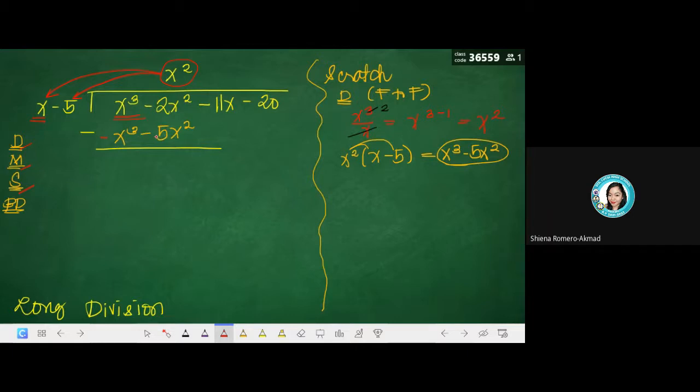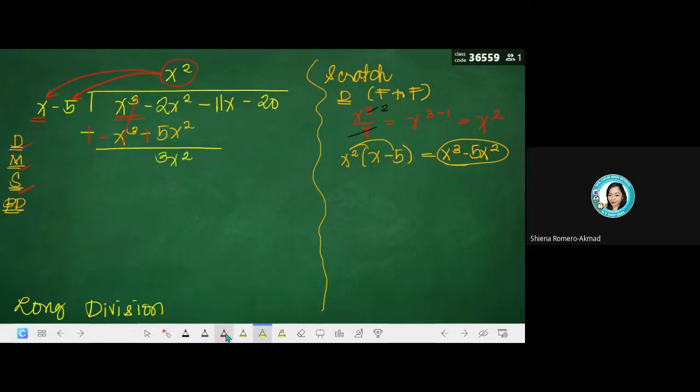And instead of negative 5x squared, magiging positive. Then we will proceed to addition. Okay? So, x cubed plus negative x cubed, that would be 0. And negative 2 plus positive 5, what is the answer? Negative 2 plus positive 5? 3x squared. Opo, that's 3x squared.